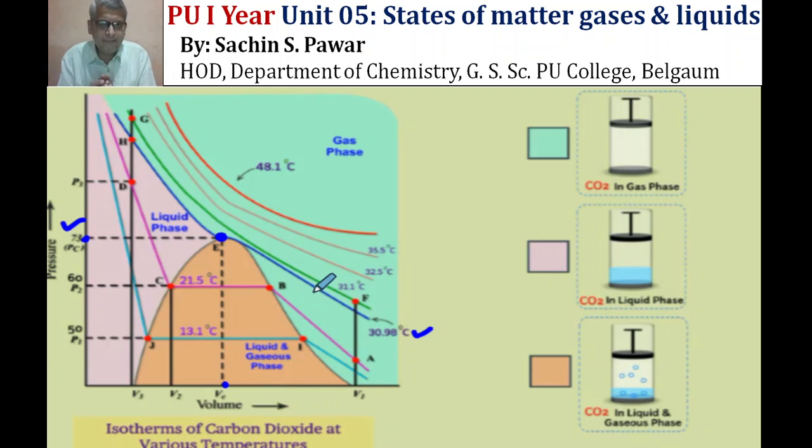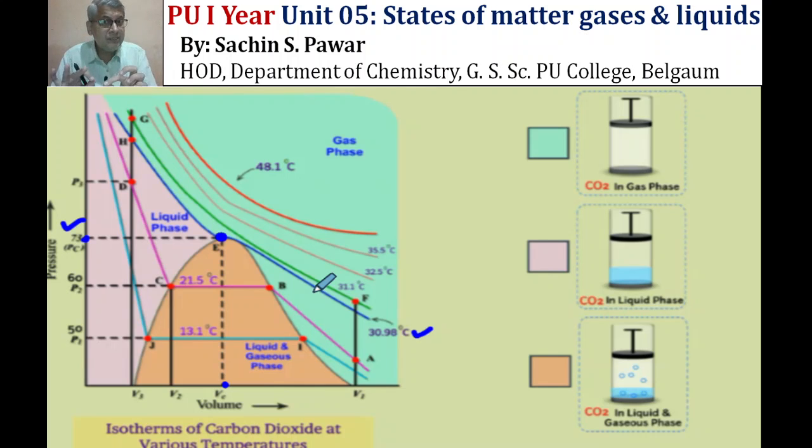The same logic can be applied to the other gases also, and you will see that above a specific temperature, gas cannot be liquefied. At that specific temperature, when you apply a certain pressure, the gas starts liquefying. That temperature is called critical temperature.